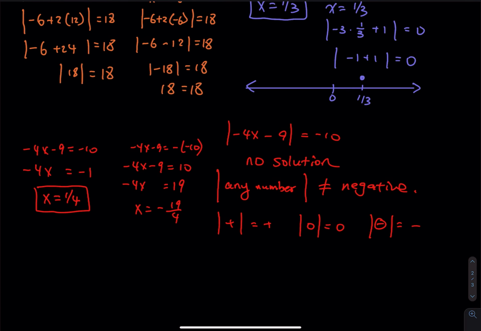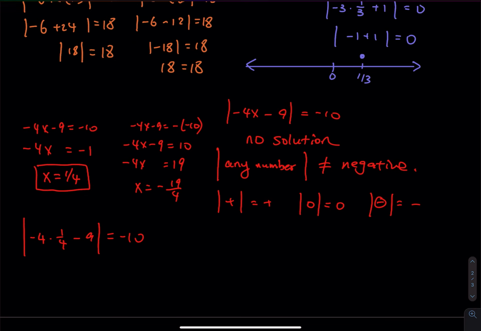Okay, let's check. So we have the absolute value of negative 4 times 1/4 minus 9 equals negative 10. So this is negative 1 minus 9 equals negative 10, so you have the absolute value of negative 10 equals negative 10. So this is false already. That is not true.